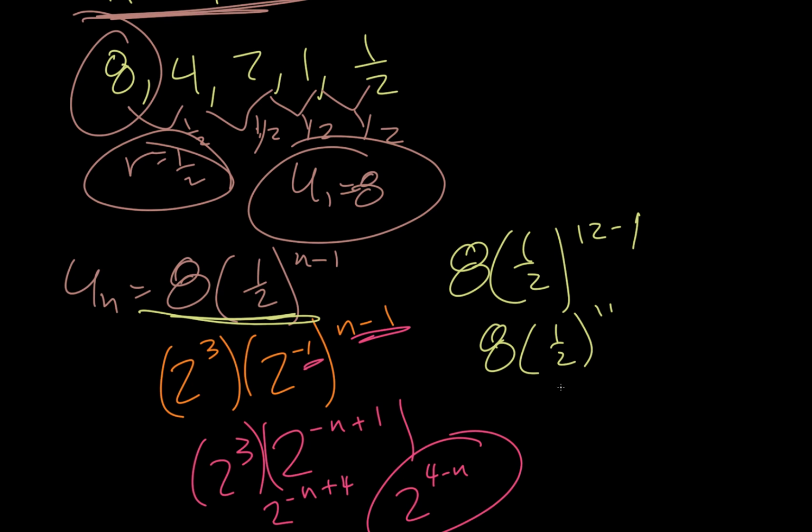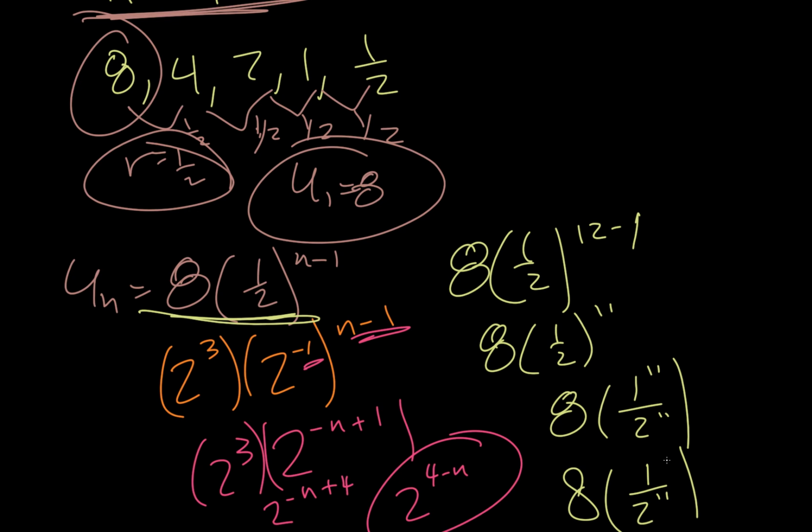And if we do 1/2 to the 11, that's the same as saying 1 to the 11 over 2 to the 11. And 1 to the 11 is just 1. I'm going to leave this as 2 to the 11 for a second. And then we still have 8. So if we multiply that over, we actually get 8 over 2 to the 11.